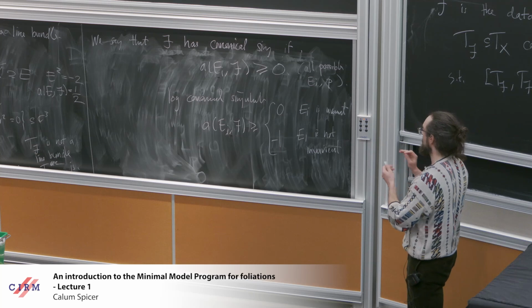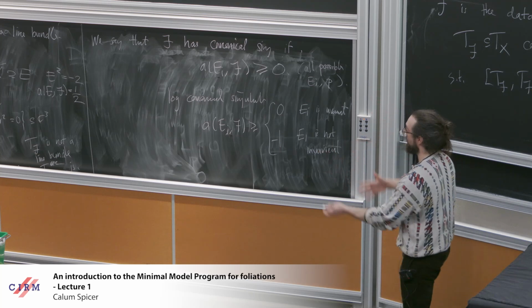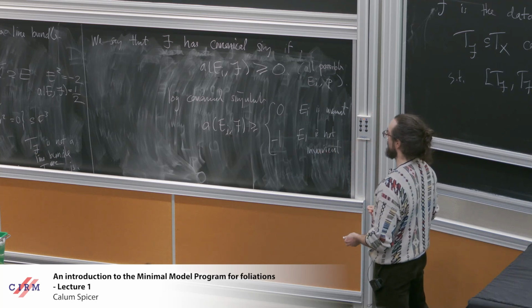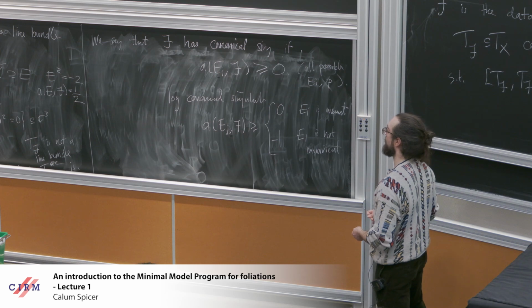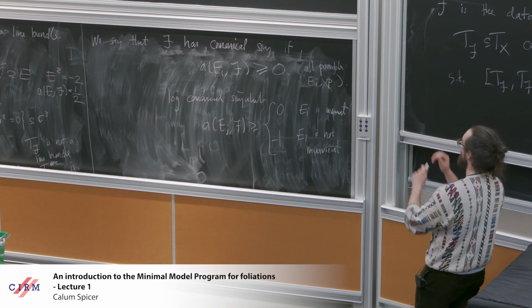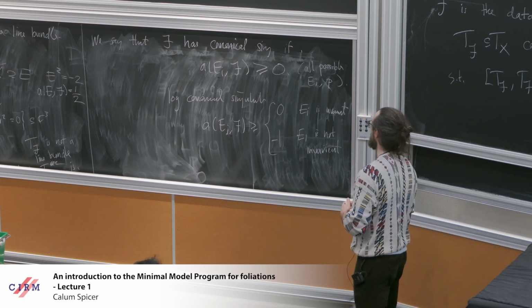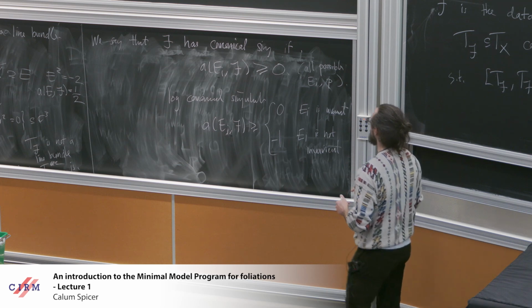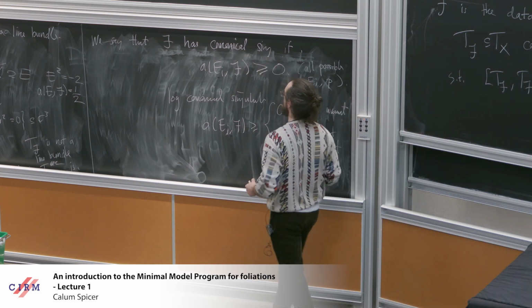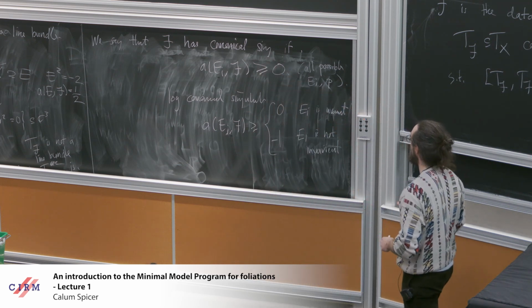And there are two other classes, terminal and log terminal, but maybe I'll say more about those tomorrow. I don't want to overburden you by throwing out a bunch of definitions all at once without saying more about it. But these are our two important classes of singularities we want to work with from the perspective of the MMP.